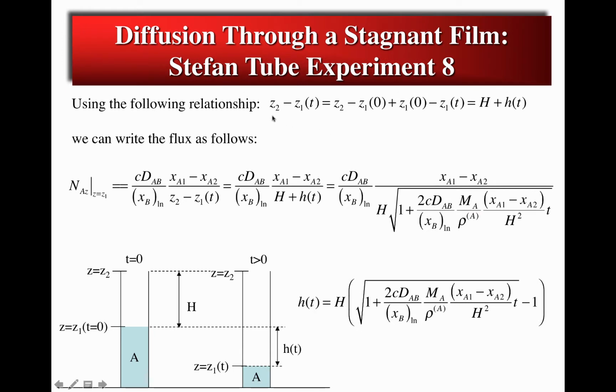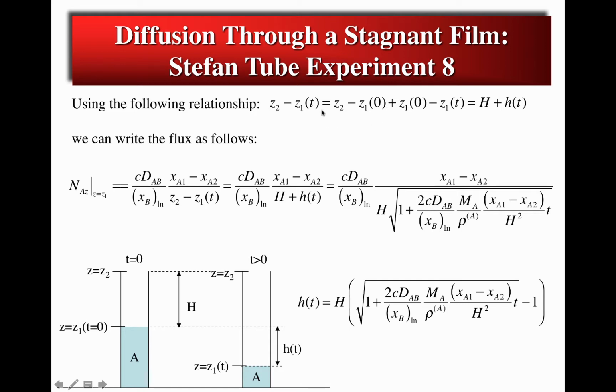The relationship is that if we look at the Z2 minus Z1 at any time, I can write that as Z2 minus Z1 at time T equal to 0 plus Z1 at time T equals 0 minus Z1 at time T equal to T, and we can express it in terms of H, that is Z2 minus Z1 at T equals 0.